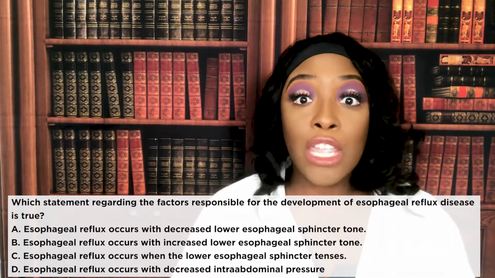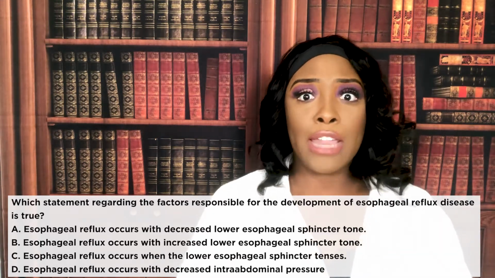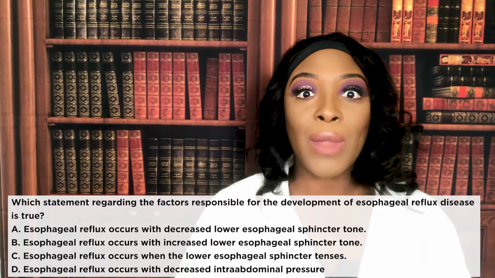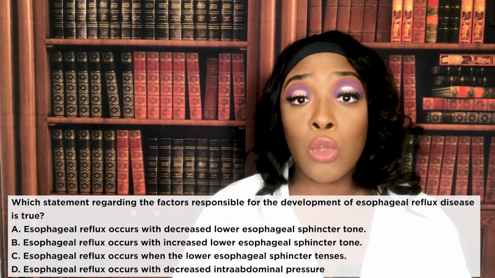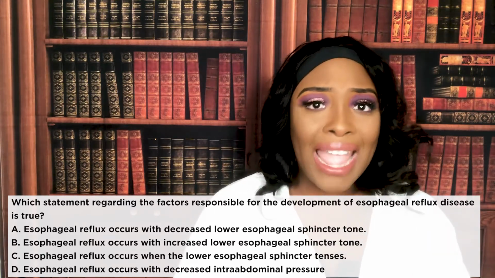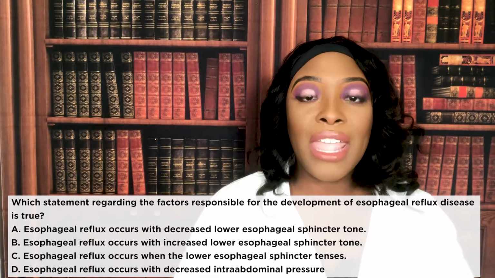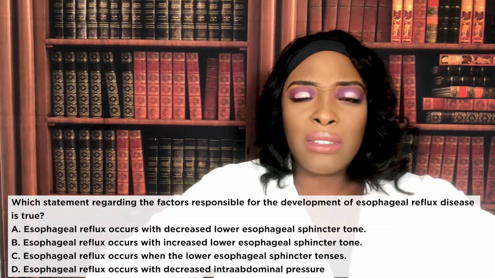Choice D, esophageal reflux occurs with decreased intra-abdominal pressure. No, reflux happens with increased intra-abdominal pressure. So what does that mean? For example, the patient had a big lunch, right? And that lower esophageal sphincter, also known as the cardiac sphincter, is already a little bit relaxed as it is. And then the patient puts a tight belt around their stomach. What do you think that tight belt does?